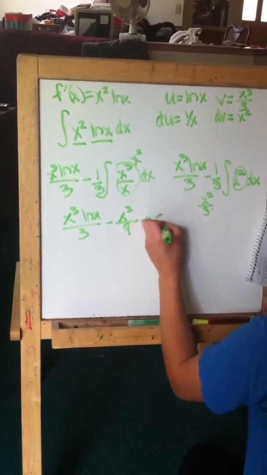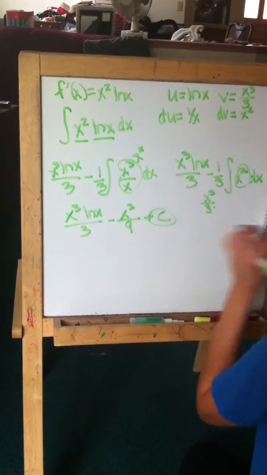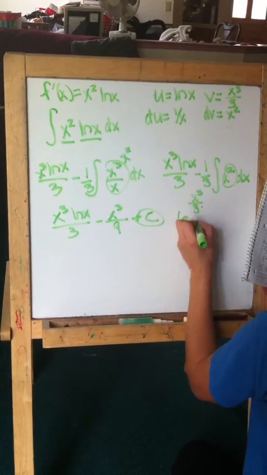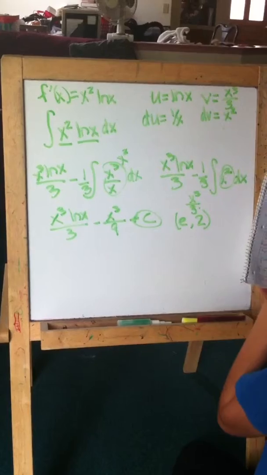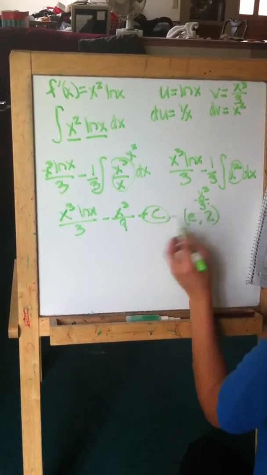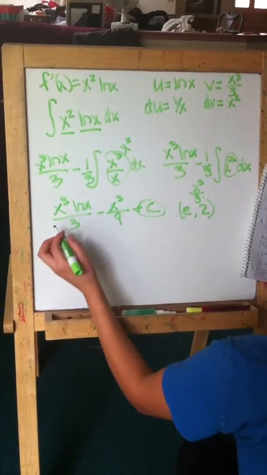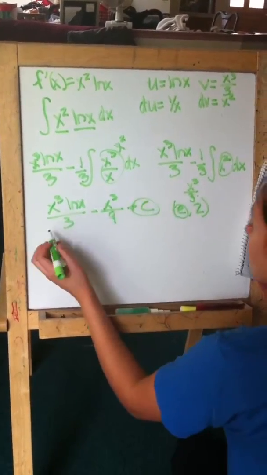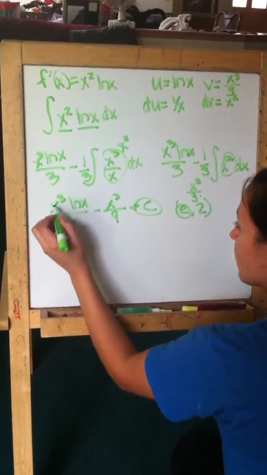plus c. And we have to find c, so going back to our initial condition (e, 2), we use our x and y values to solve for c. When you plug in e, you should get 2, so we plug in e everywhere we've seen x.